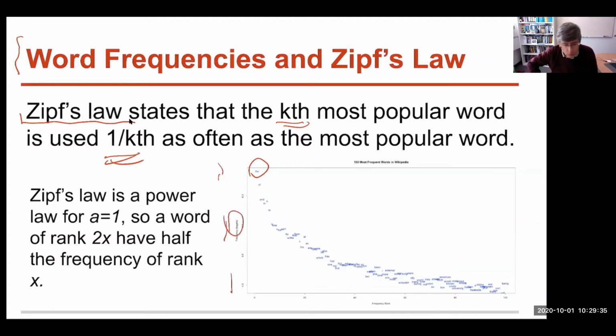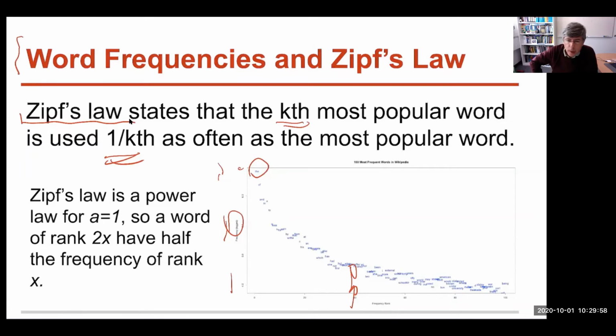In a Zipfian distribution, you say that the popularity of the kth most popular thing is 1/k of that of the most popular, okay? And it fits the use of words in languages amazingly well.